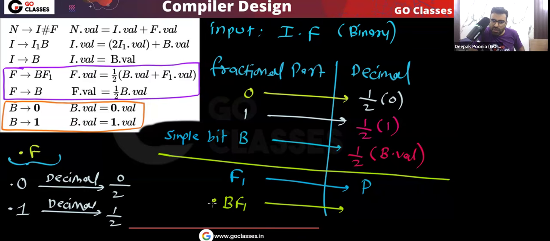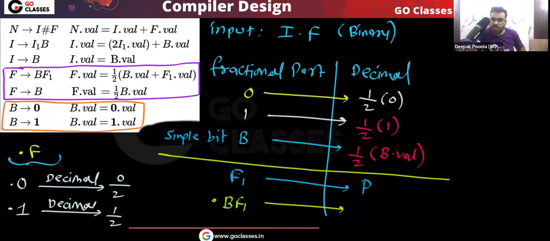Now I'm doing point b f1. This b will have weight 1 by 2, and for every bit in f1, the weight will divide by 2.